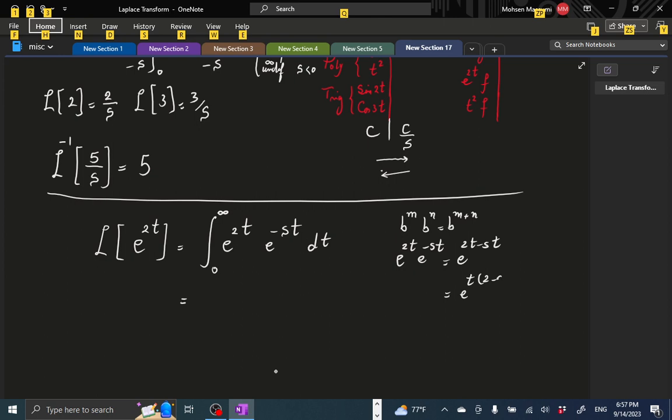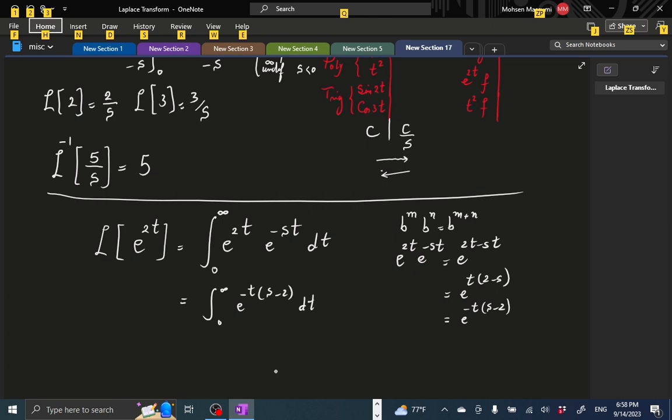That would be 2 minus s. But we are going to see shortly it's a little bit better if we factor minus t. Let's see, what does that do? Exponential of minus t times s minus 2 dt.